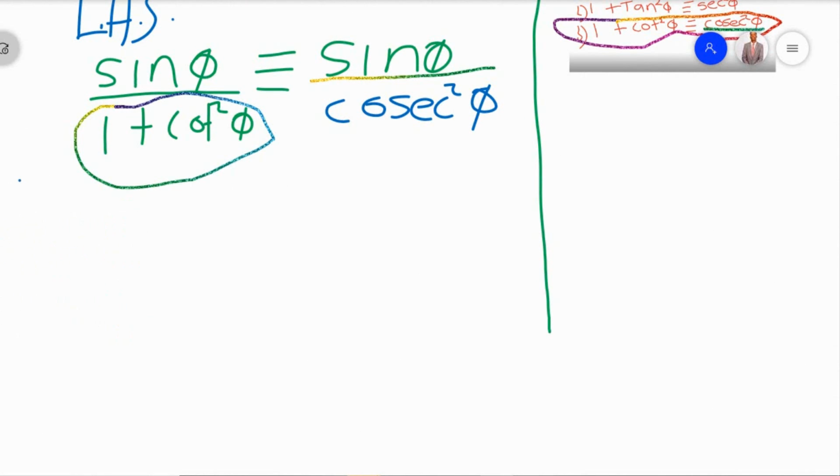Now I can write sine theta over cosecant squared theta is exactly identical to sine theta all over.